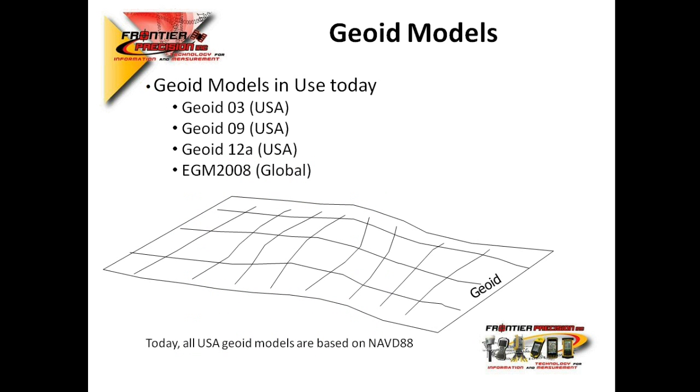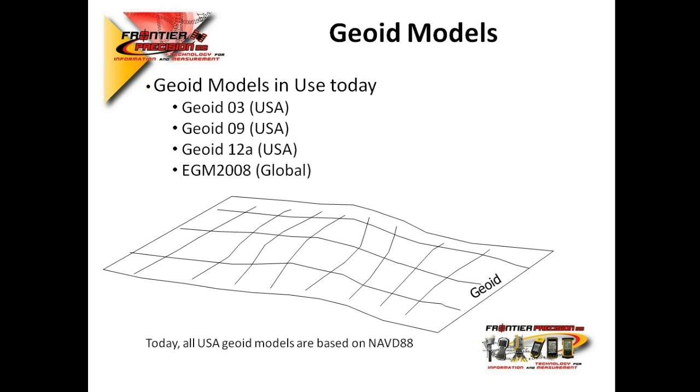These are the popular models, 12A being the latest. Essentially, if you think about a geoid model, it's basically just an interpolated difference between mean sea level and the ellipsoid. And that ellipsoid, as we just described, can exist in two locations.